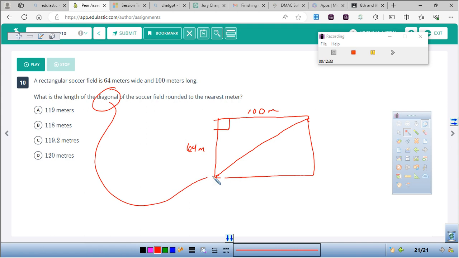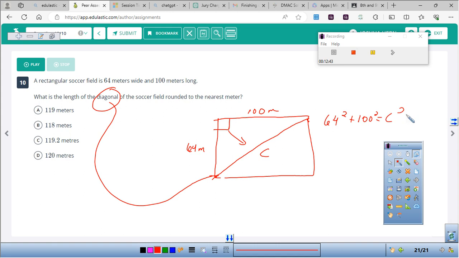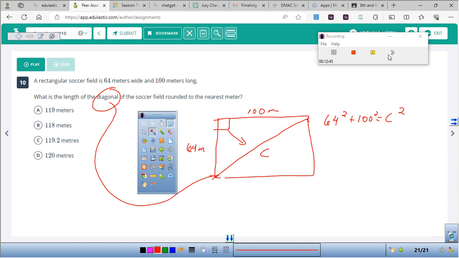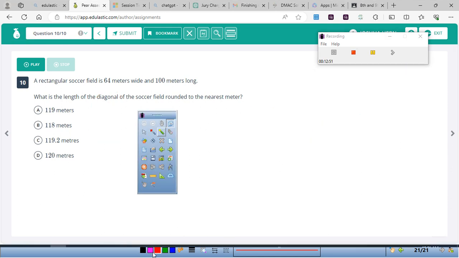So the diagonal is this line right here. And we're going to plug that in. The one across is what we're looking for as my C. We're going to set this one up as 64 squared plus 100 squared equals c squared. And then we should solve again. So now we're going to go 64 and 100, and then solve that.